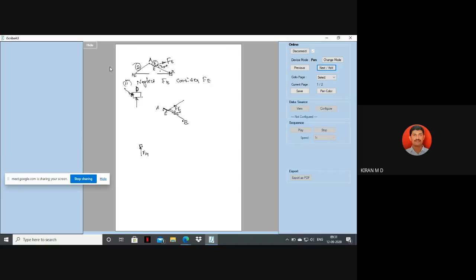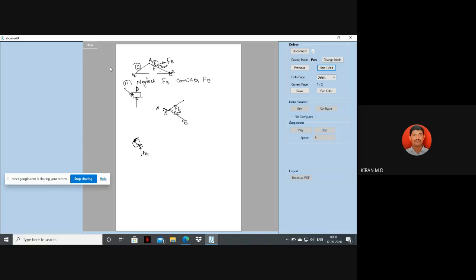But the thing is, because of this force, this connecting rod is having some angular force. So to make that equilibrium, what is the condition to achieve the equilibrium?